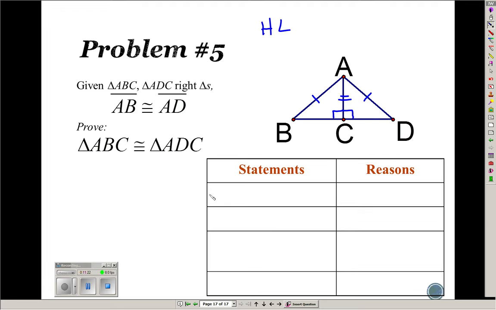So, as always, let's start with what we're given. First statement is what we're given. Triangle ABC and triangle ADC are right triangles, and segment AB is congruent to segment AD. And we know that's true because we were given that information.